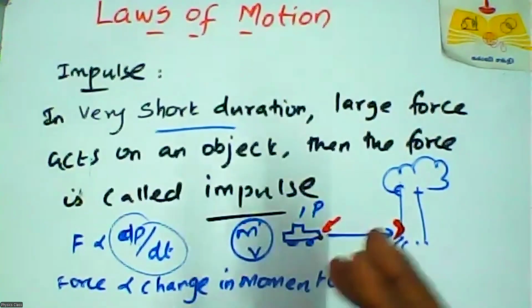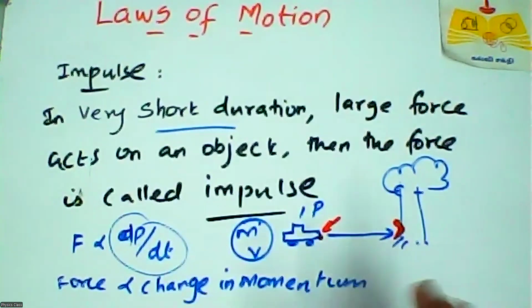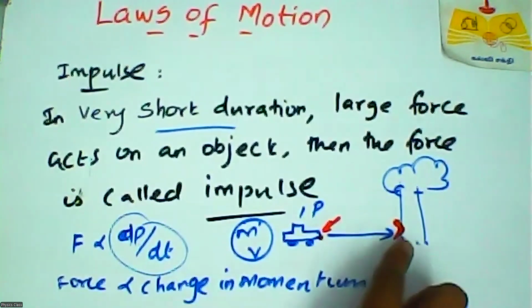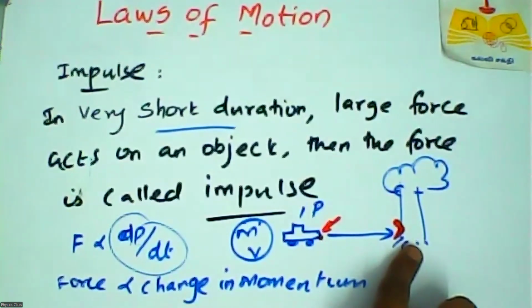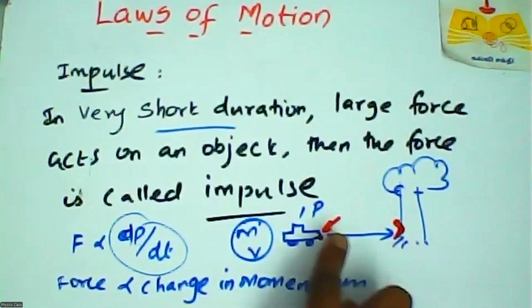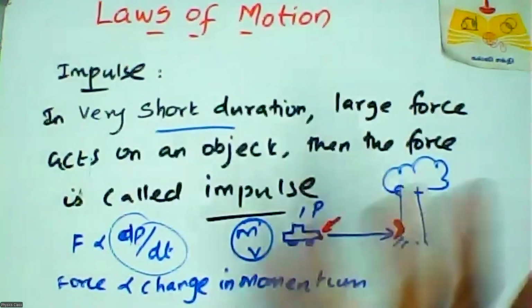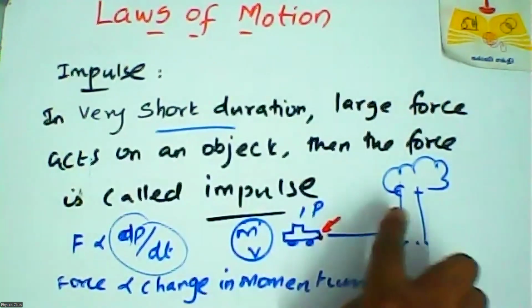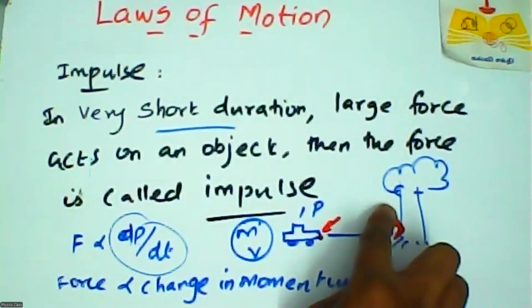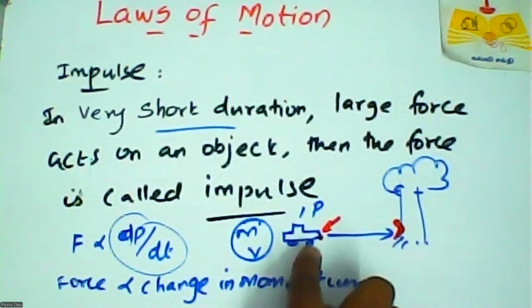Suppose it has a huge mass compared to the car, the damage is very high. So the tree gives force on the vehicle. In a short duration, the very large force given by the tree acts on that object.